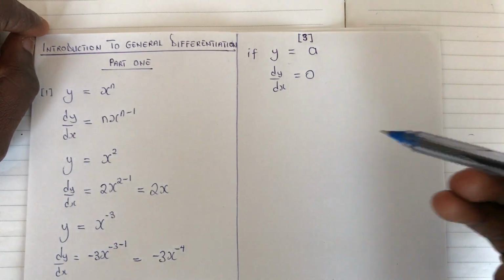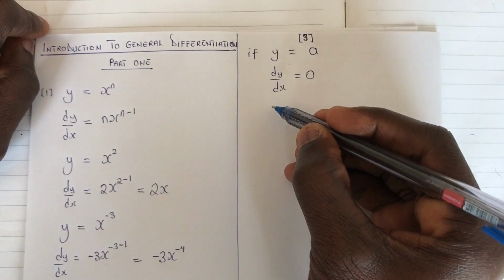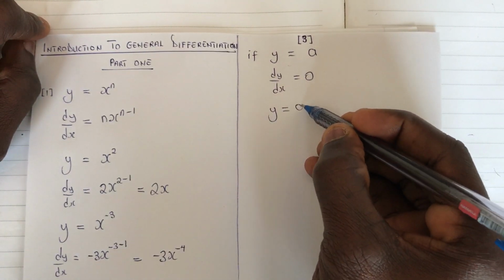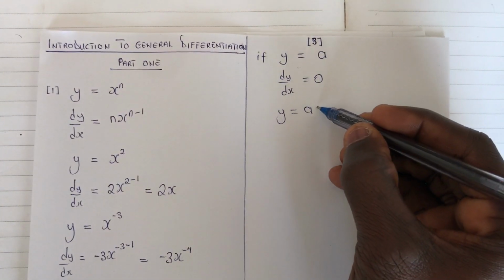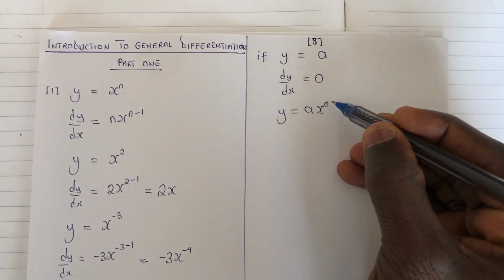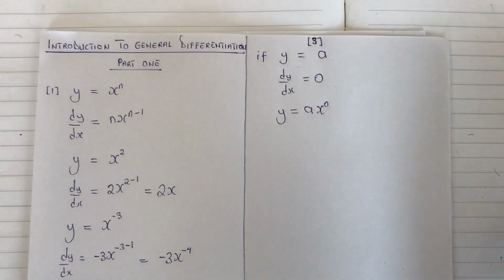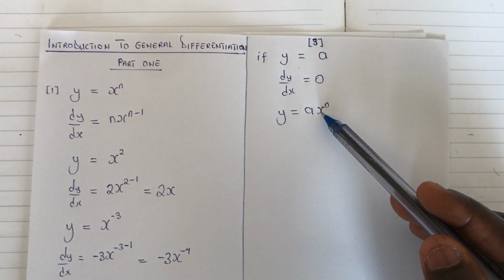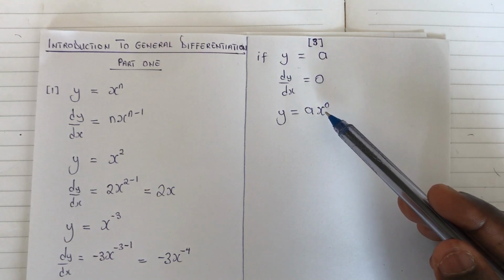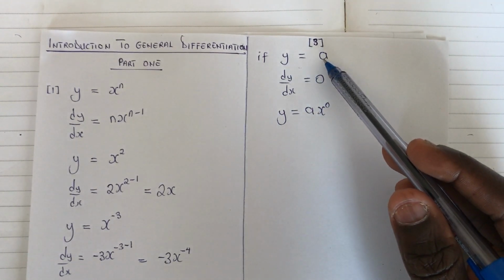Why am I saying that? Now whatever we see here, y equals a is the same as y equals ax raised to the power 0. Note that anything to the power 0 here is 1. So the variable x here is representing 1. So 1 times a will still give us what? a.